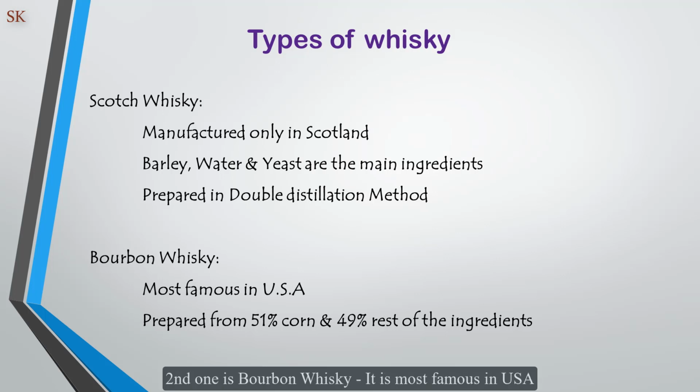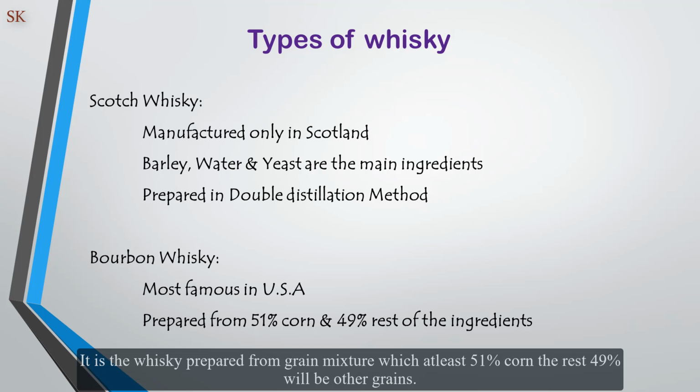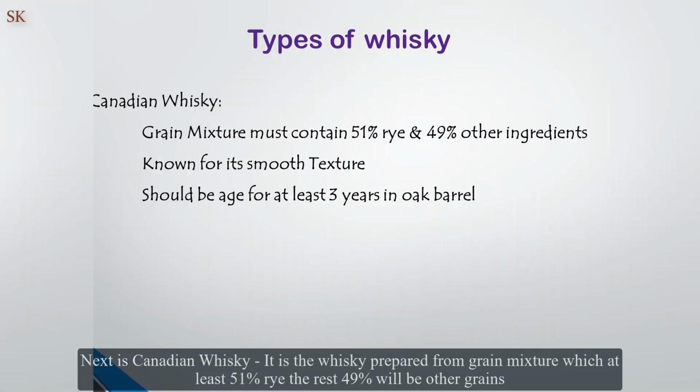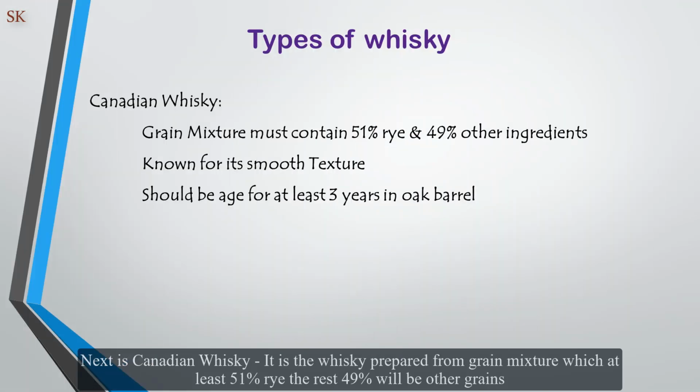Second one is Bourbon whiskey. It is most famous in the United States of America. It is the whiskey prepared from a grain mixture which is at least 51% corn and the rest 49% will be other grains. The third one is Canadian whiskey.